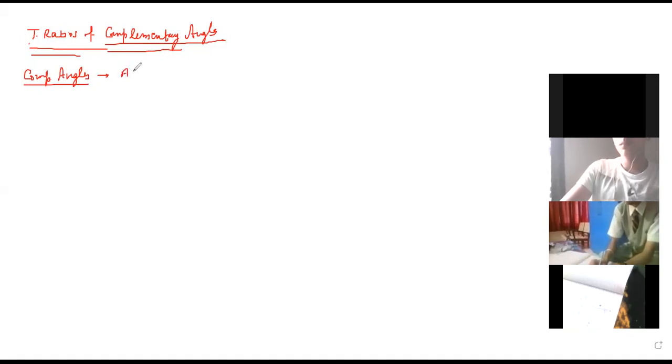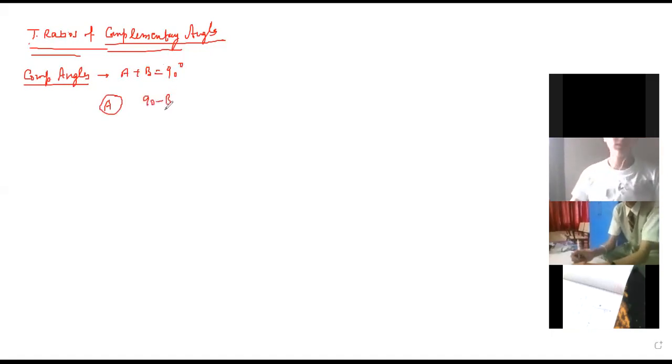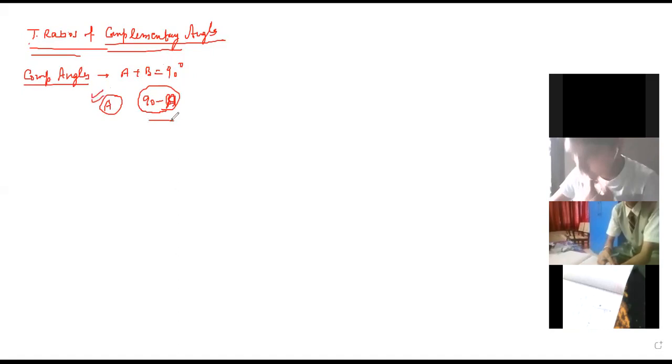Clear? If my first angle is A, my second angle will be 90 minus A. So A and 90 minus A are complementary to each other.